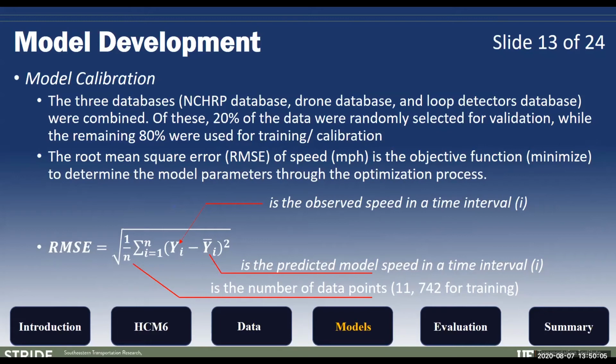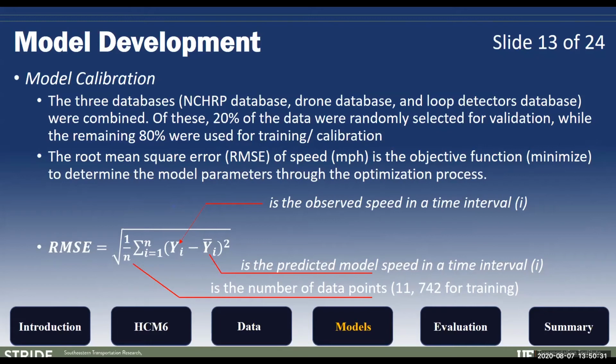It is simply the square root of the average of the squared error, where each one of these observations is a 5-minute observation of observed speed and predicted model speed. And the number of observations was quite large, over 11,740 for the training data set.